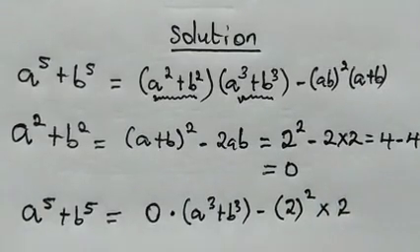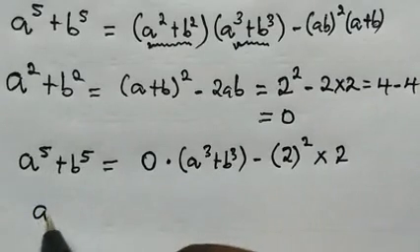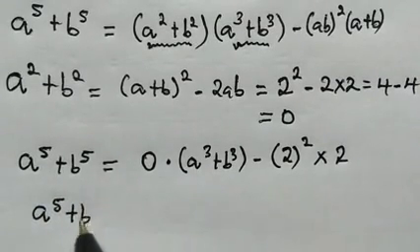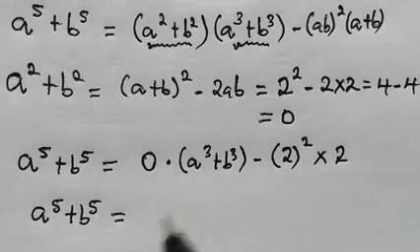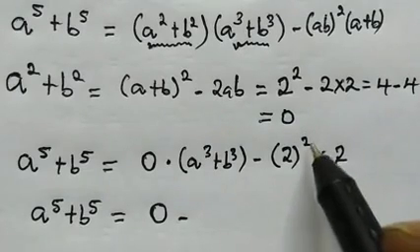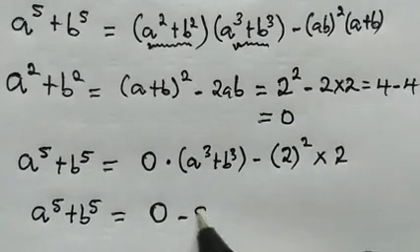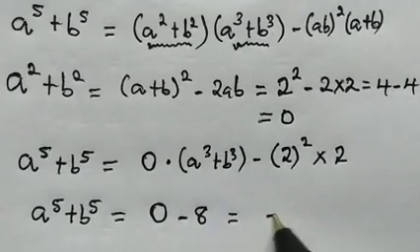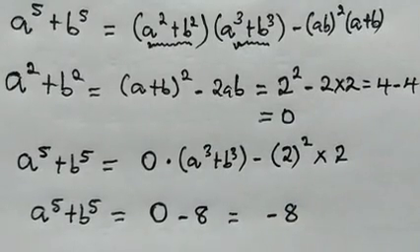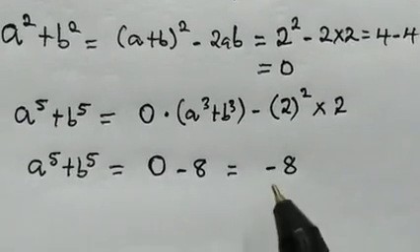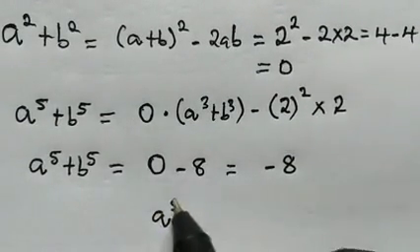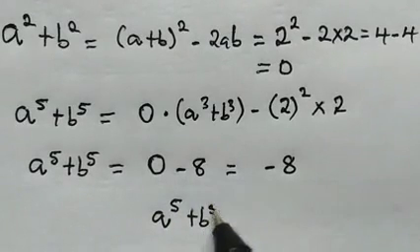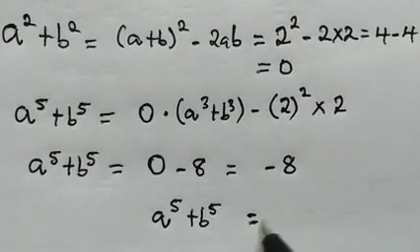So from here we have a to the power of 5 plus b to the power of 5 is equal to 0 times this is 0, minus 2 squared is 4, 4 times 2 is 8. So we have negative 8. Wow, interesting. So we can see that the value of a to the power of 5 plus b to the power of 5 is equal to negative 8.